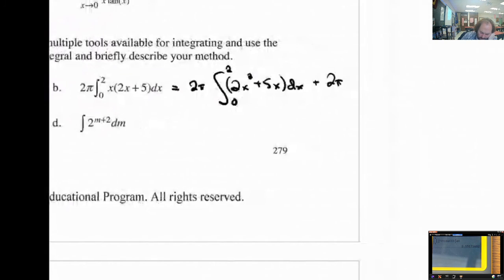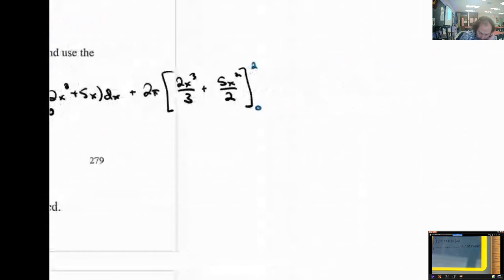So the reverse power rule will make this 2x to the third over 3 plus 5x squared over 2. It's a pretty handy way to handle that. And we need to evaluate this from 2 to 0, which is really easy to do because plugging in 0 won't do anything. So all we really got to do is plug in 2.